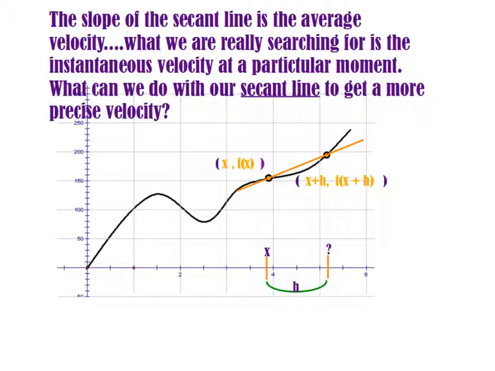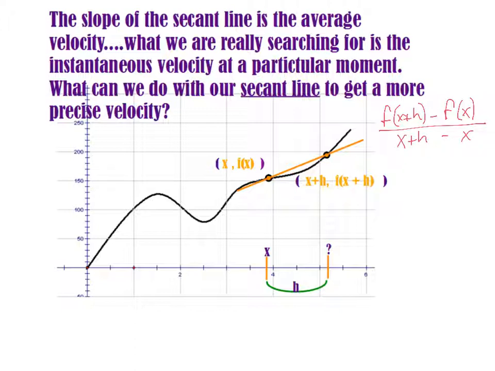Now what I'm going to do then is I could use my slope formula to find the slope of this line. I'm going to do the change in y. I'll take my y minus y, f of x plus h minus f of x, all over x minus x, x plus h minus x.